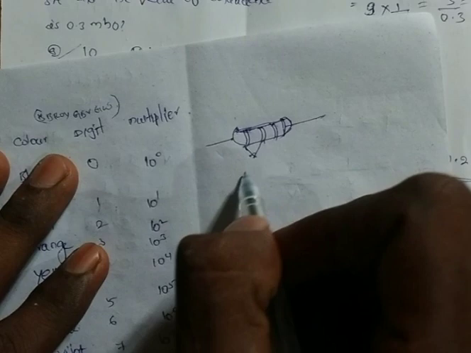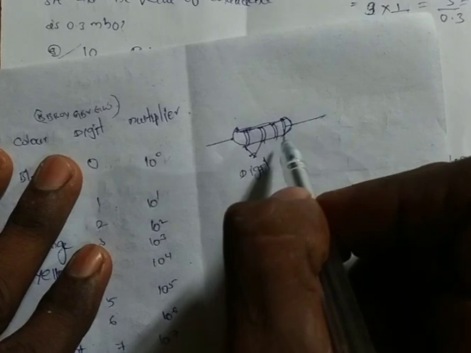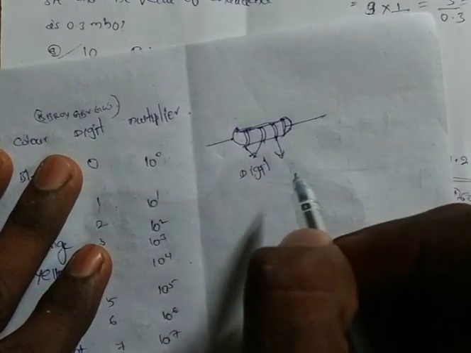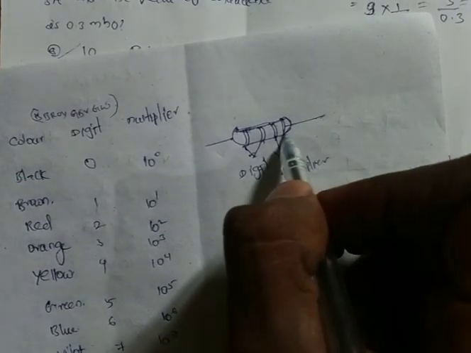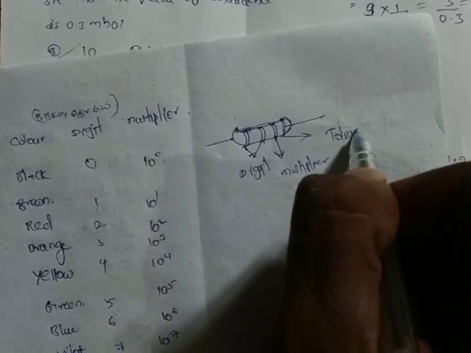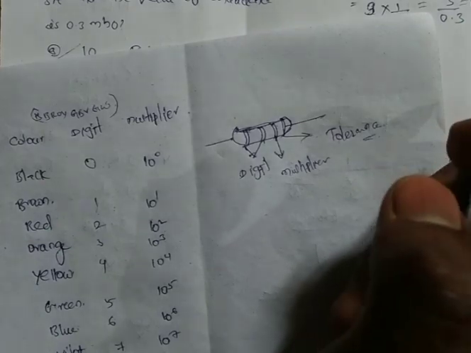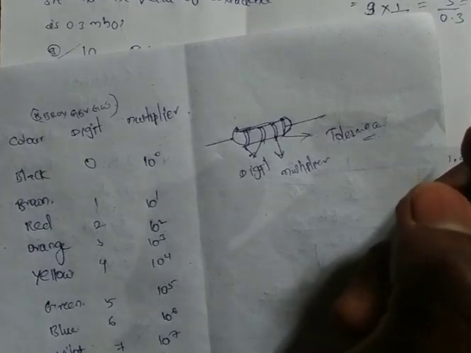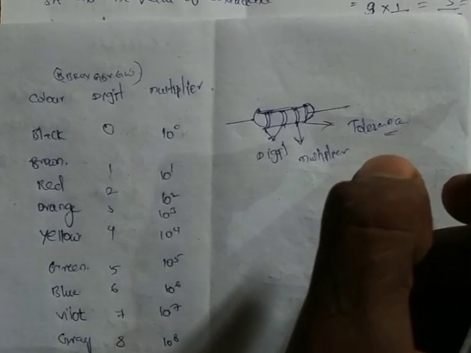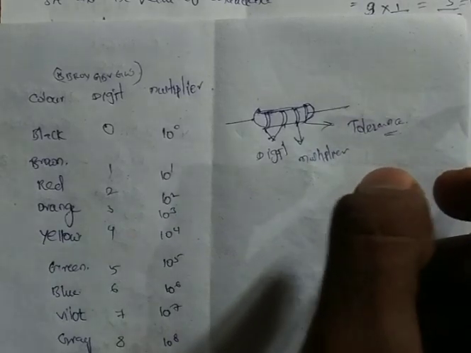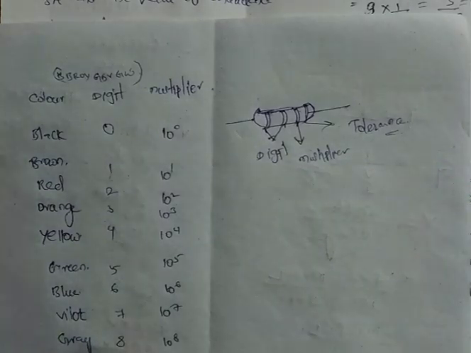These 2 colors indicate the digits of the resistor, this is the multiplier, and this indicates tolerance, because in manufacturing the resistance value is not exactly mentioned; some tolerance is there because of material properties.